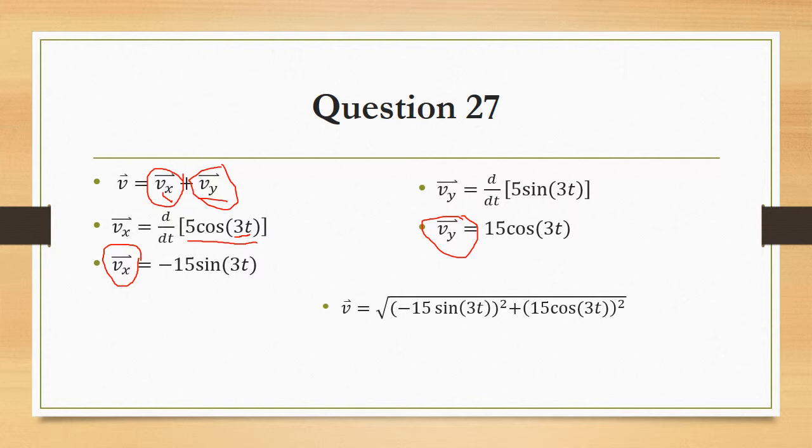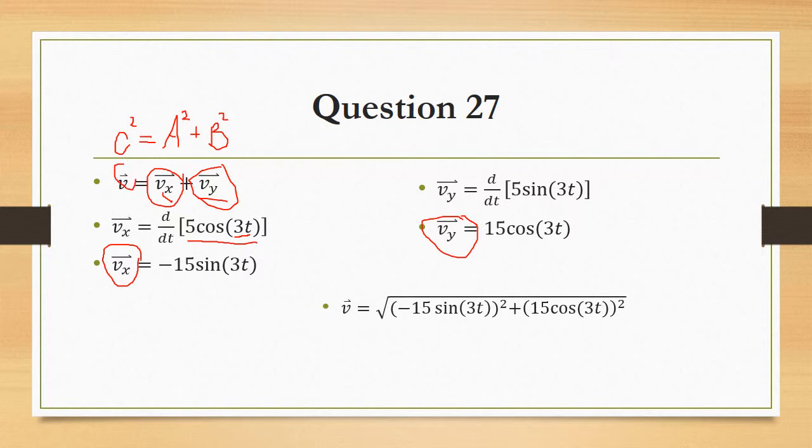Let me make sure it's clear what I'm talking about. Back here in the original equation, if you're adding these vectorially, really what I'm saying is c squared is a squared plus b squared. And if you take the square root of both sides, you can solve for c, which is the total velocity. That's what I've done here. Something really interesting happens now.